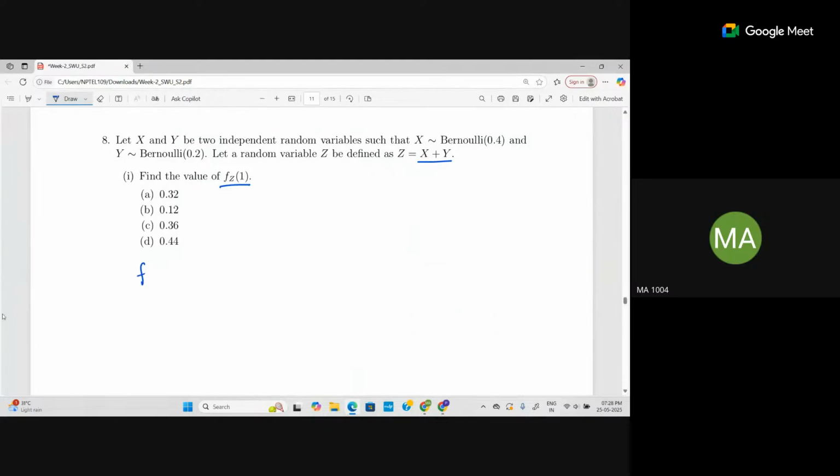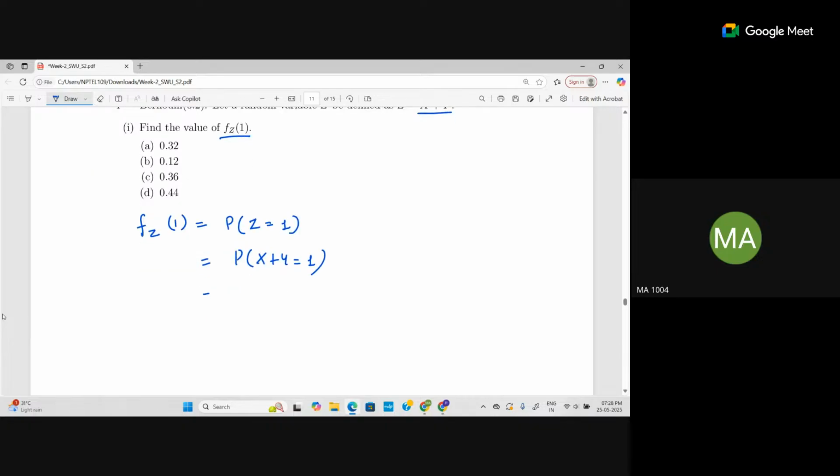So here we have to find F_Z at point 1, which means the probability that Z is equal to 1. So the probability that X plus Y is equal to 1, right? Now, since X and Y both take values 0 and 1 only, either X is 0 and Y is 1, then the summation will be 1, or X is 1 and Y is 0.